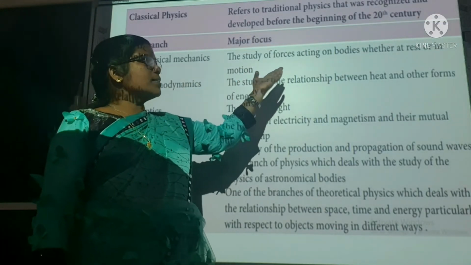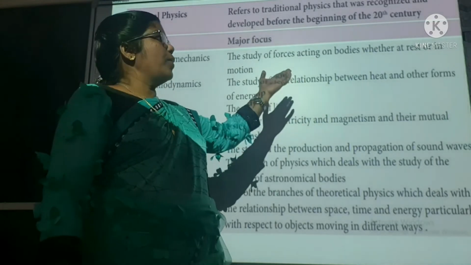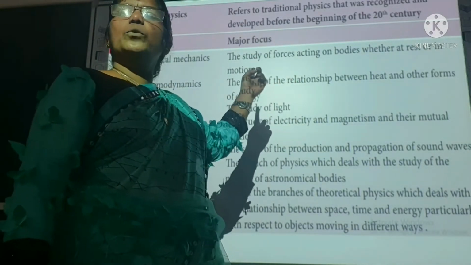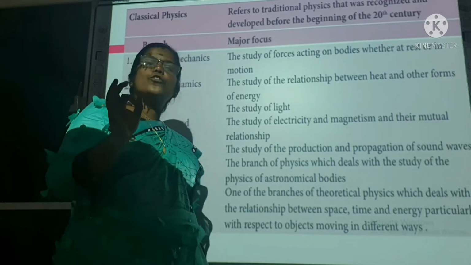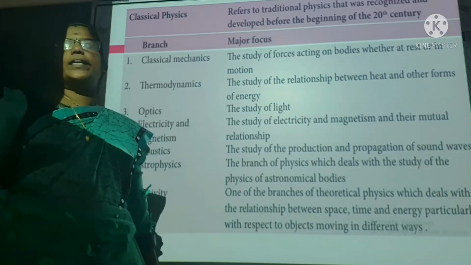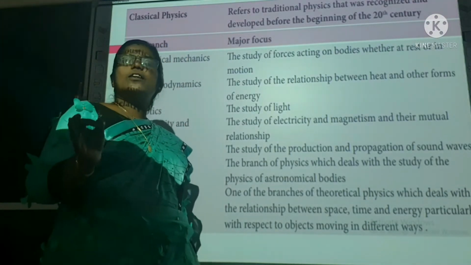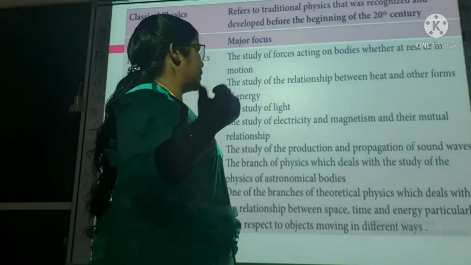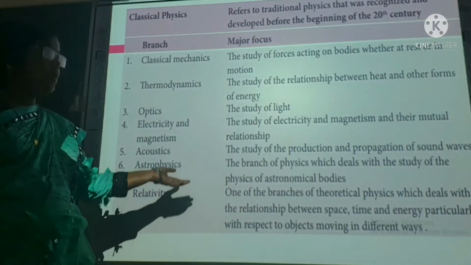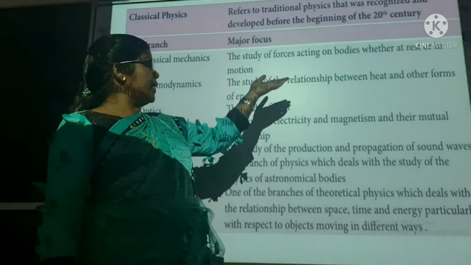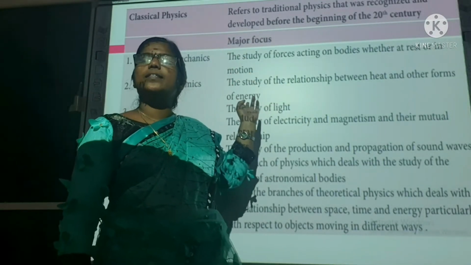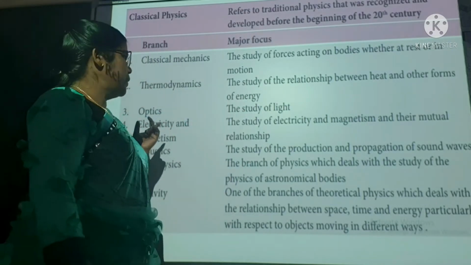The study of forces acting on bodies, whether the bodies are at rest or in motion, is called classical mechanics. Thermodynamics, the study of the relationship between heat and other forms of energy.